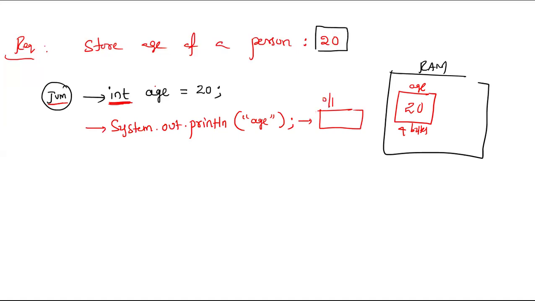In yesterday's class we discussed, and today also we just checked, that whatever we give in double quotes, the same thing will appear as output. So this time we are going to get age as output. But what is our requirement? We want age as output, or we want 20 as output? 20. So here, what is this age? In the syntax of the data type, what is this age?